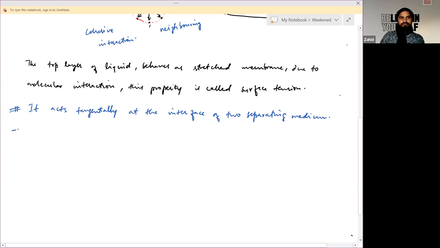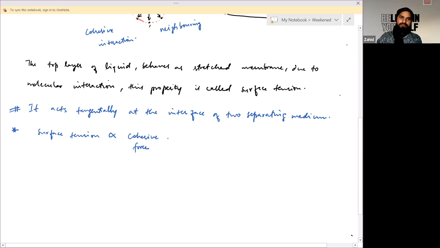Next, surface tension will be proportional to cohesive force. The greater the value of cohesive force, the more surface tension it will have.